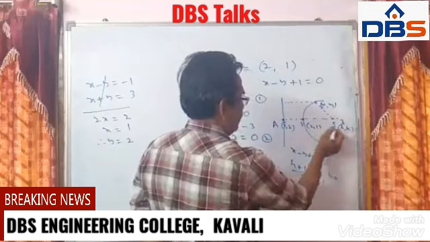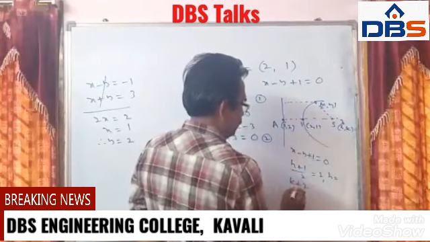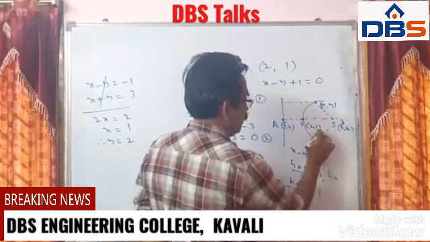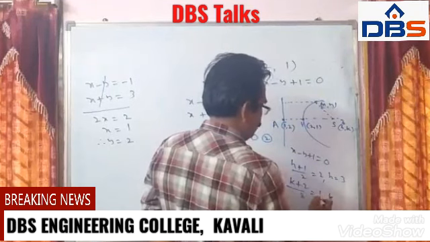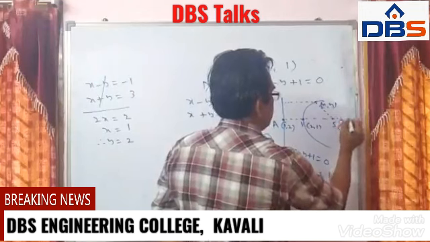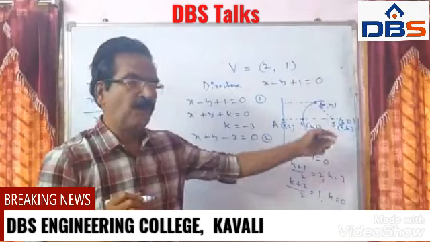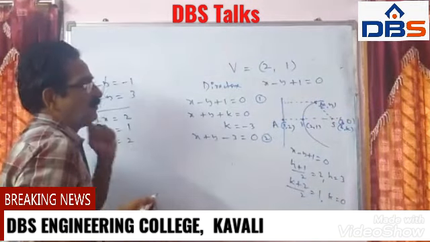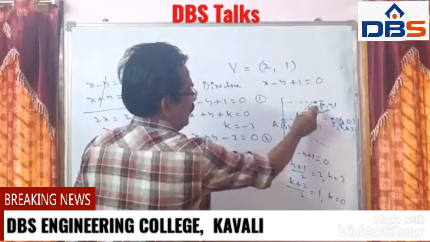In the same way, k plus 2 by 2 is equal to 1, so k is equal to 2 minus 2, which is 0. So 3 comma 0 is the focus. Now our task is finding the equation of the parabola.